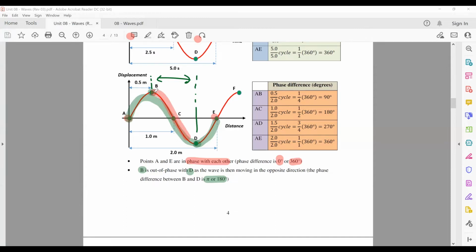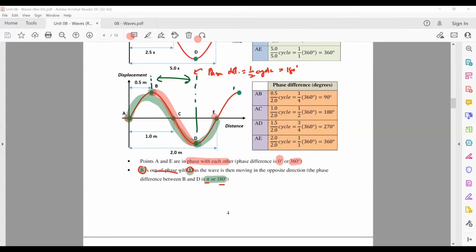This one is half a cycle. This one, just by looking at it without doing any calculation, I already know the phase difference is half a cycle, which when converted to degrees is going to be 180 degrees. Okay, so here we say point B and D are out of phase. The phase difference between point B and D is pi or 180 degrees.